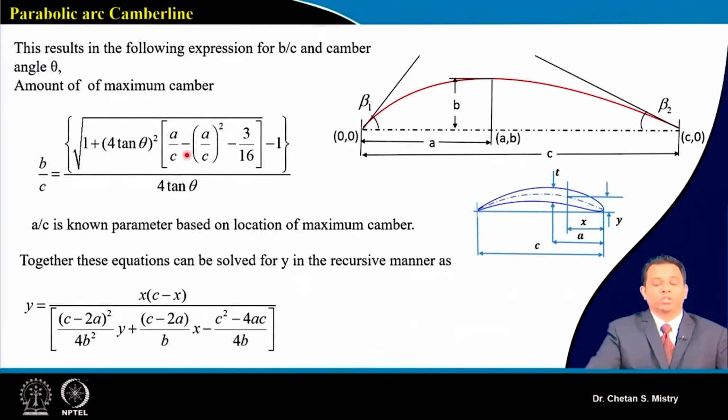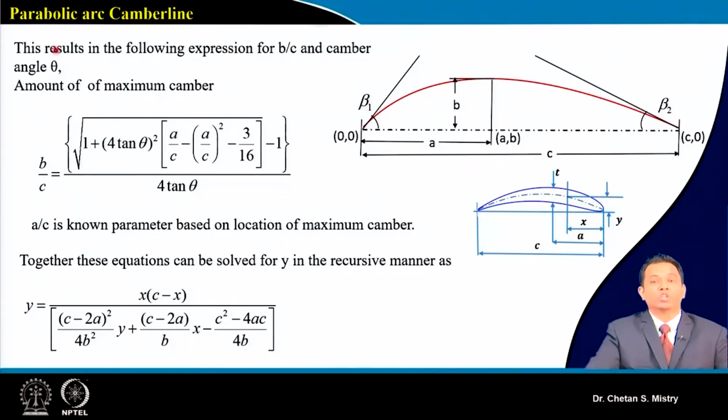Okay, so this is the formula. If you recall my A by C ratio, again just remember A by C is nothing but representing my maximum camber angle configuration. Okay. Now, this is the location of my maximum camber angle here. This is what we are discussing.